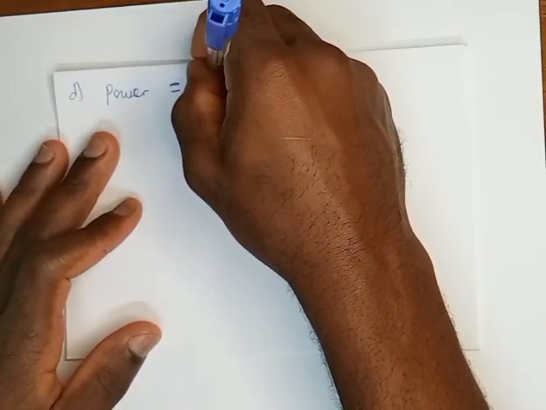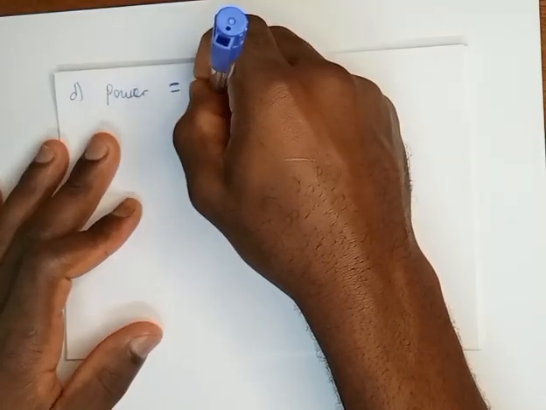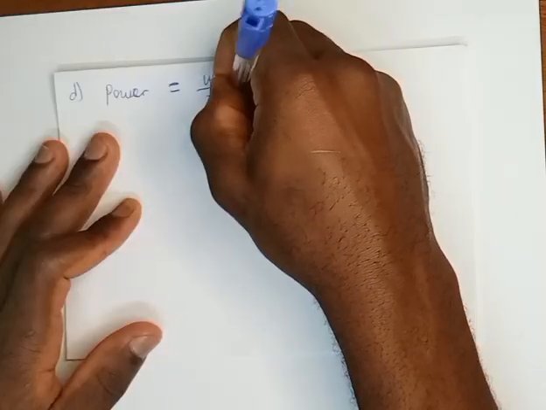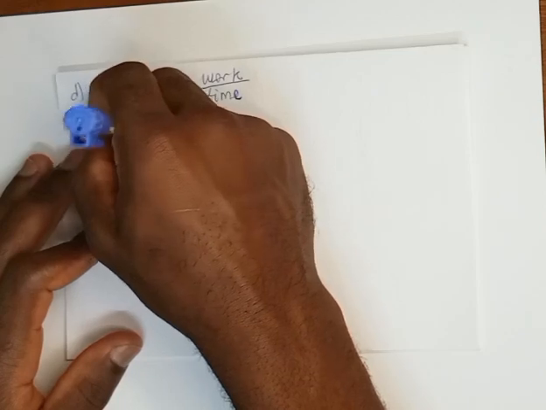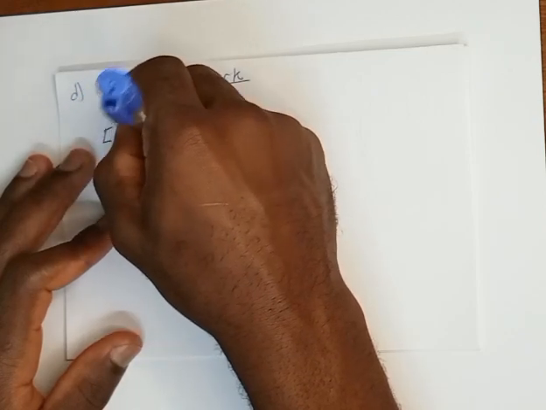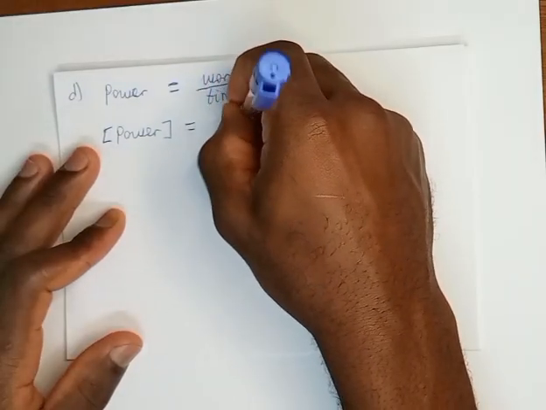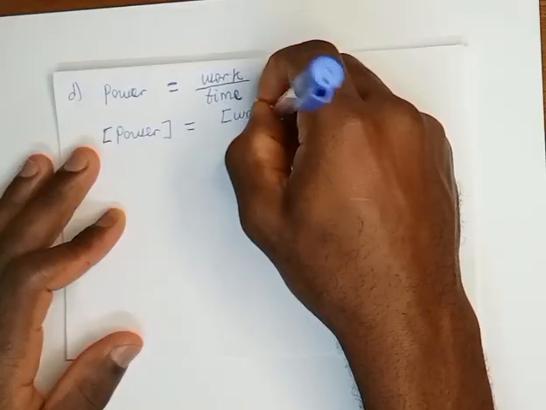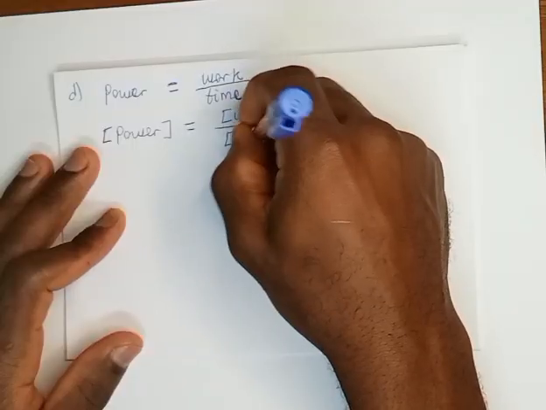That means work divided by time. The dimension of power will simply be equal to the dimension of work divided by the dimension of time.